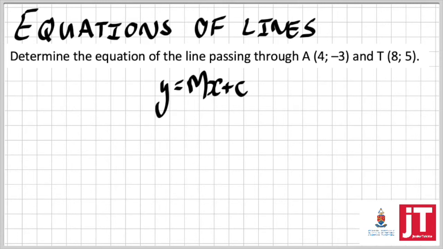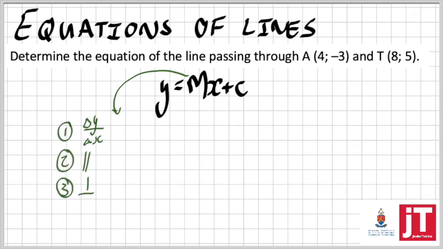This means I've got to determine first of all the gradient, which I could do by either going delta y over delta x, or with parallel lines, or with perpendicular lines. That's the only three options we've got at this moment. Secondly, what do we have?